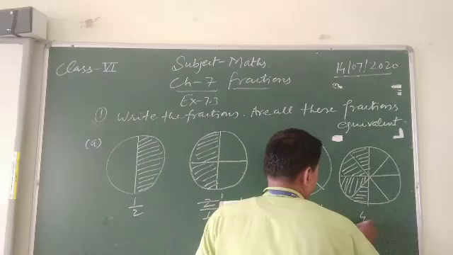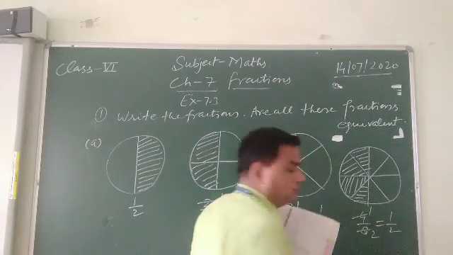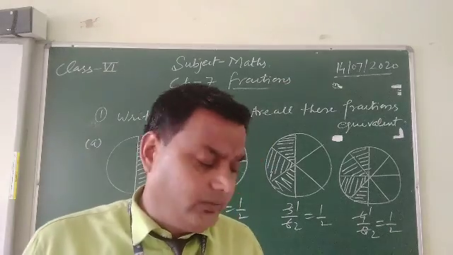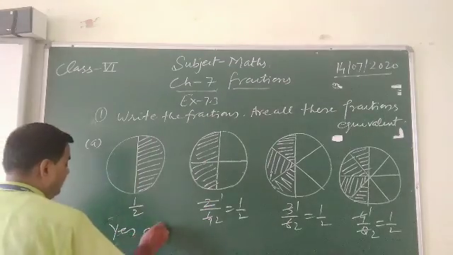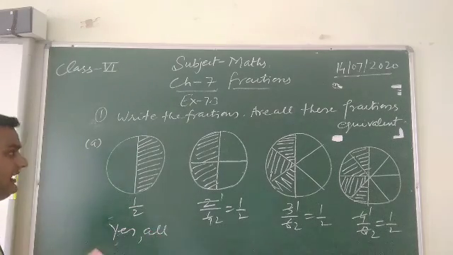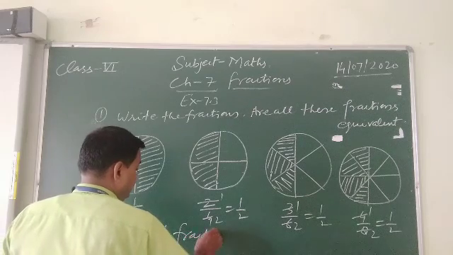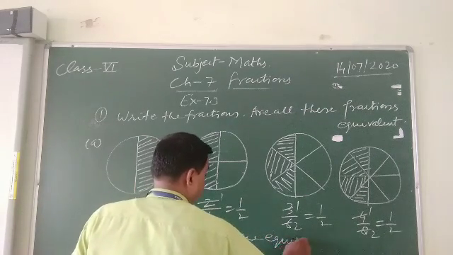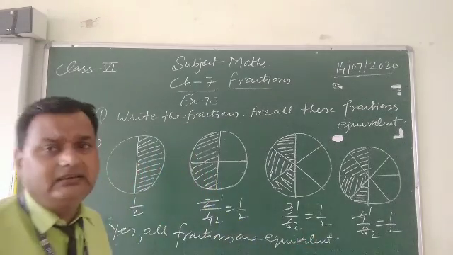So fraction is 4 upon 8. 4 1 is 4, 4 2 is 8, 1 upon 2. So are these fractions equivalent? Yes, all fractions are equivalent. Is it clear to all of you? So question number first is complete.